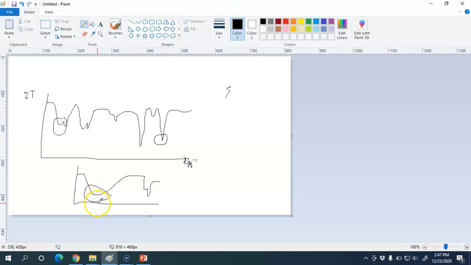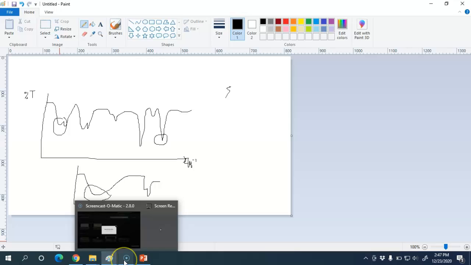The graph below is a very broad and strong bond compared to this one. It is also quite broad, but it is not weak, it is medium, the medium region, compared to the graph below.